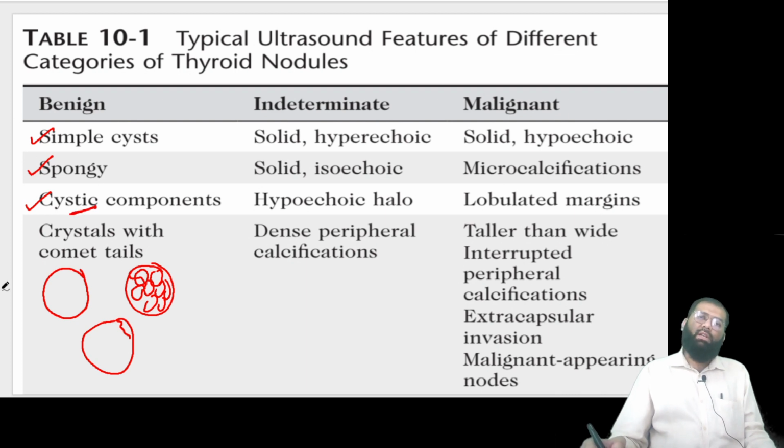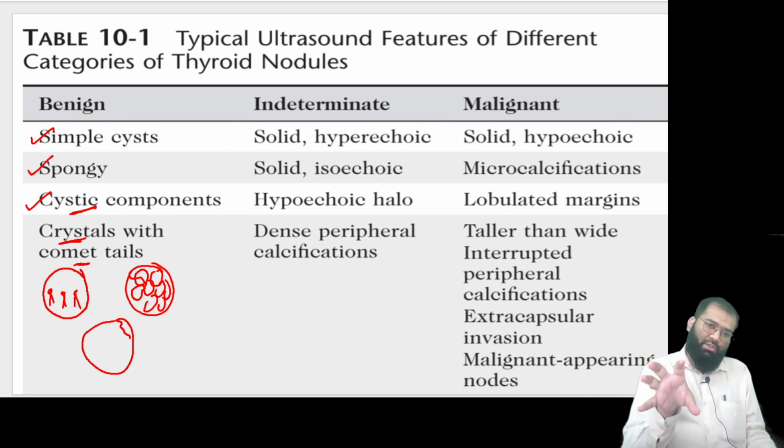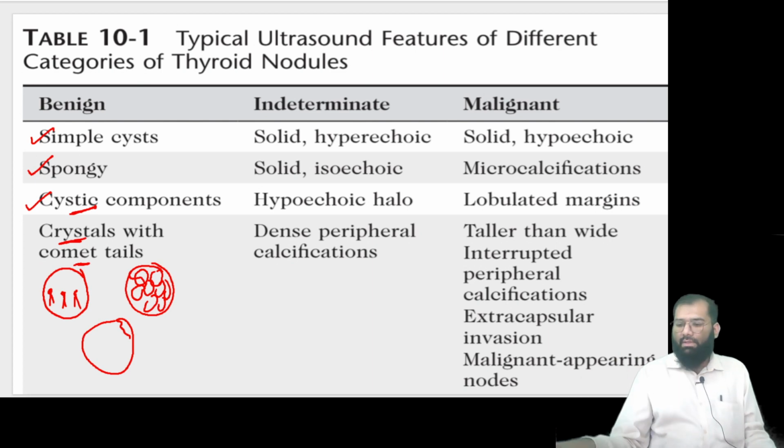Less the cystic component, less chances of benign. Okay. Very important is crystals and comet tail artifacts. If you see comet tail artifacts, that favors benign lesion. So very important: cystic component, spongiform lesion, comet tail artifacts. These three favor benign. Okay.